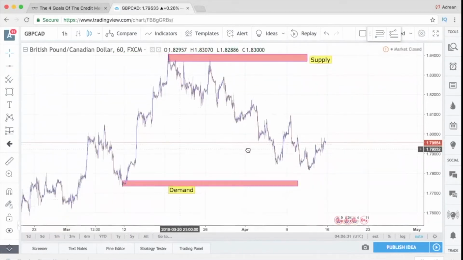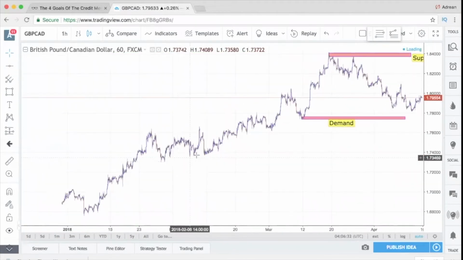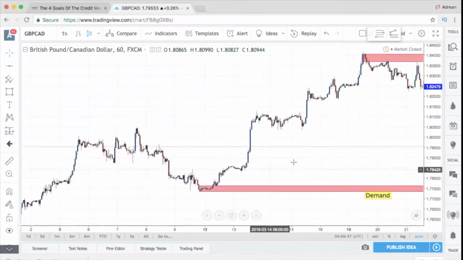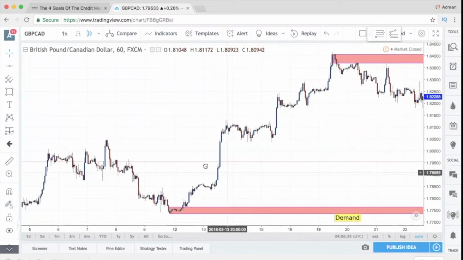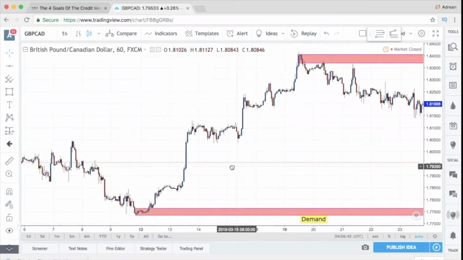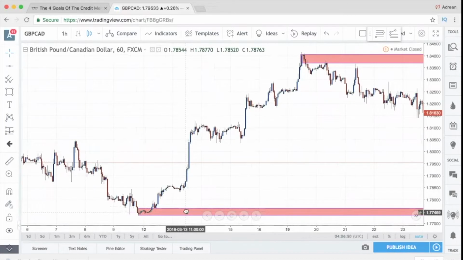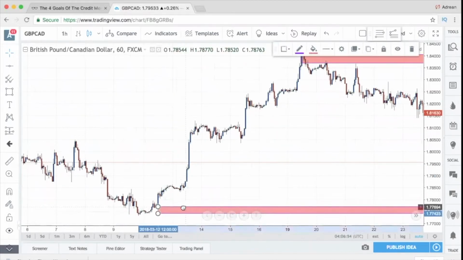So looking at this, I labeled a major key part before a breakout. Now, for me, of course, you're going to see a lot of areas on here where you could have said that. So one area could have been this area right here.